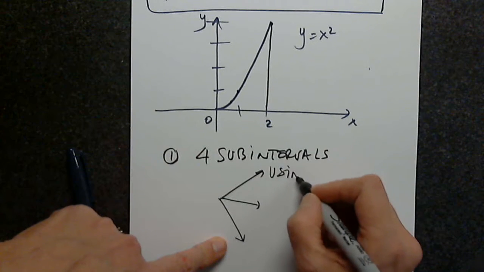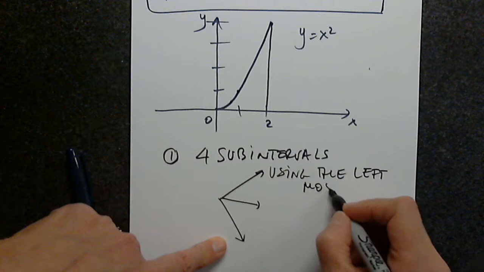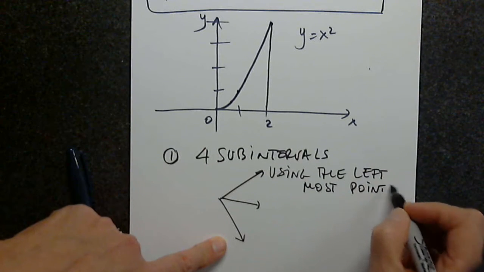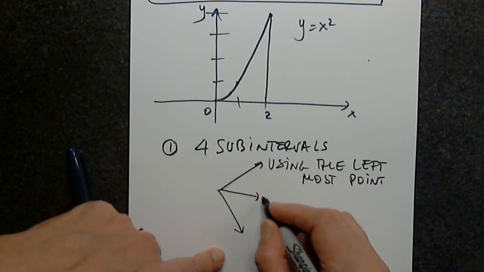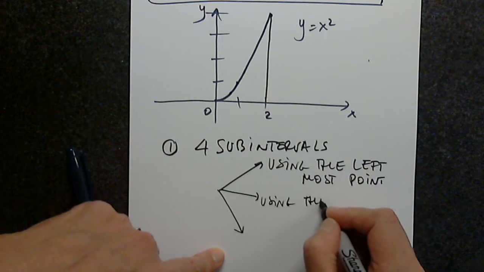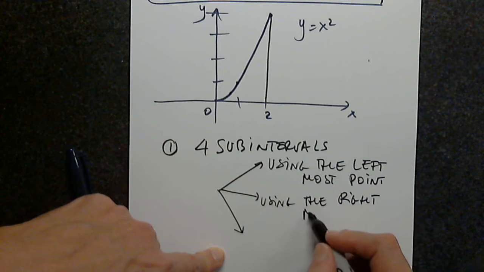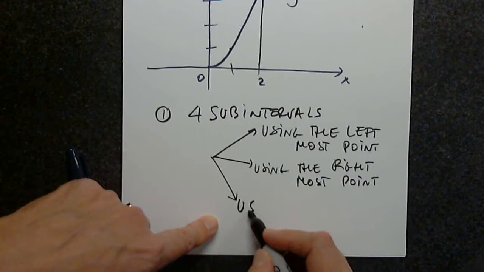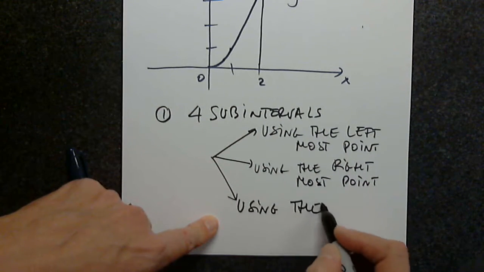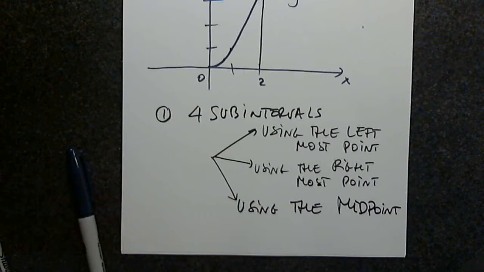We're using the leftmost point of each subinterval. Using the rightmost point. And the last one, using the midpoint. Not the left, not the right, but exactly in the middle.